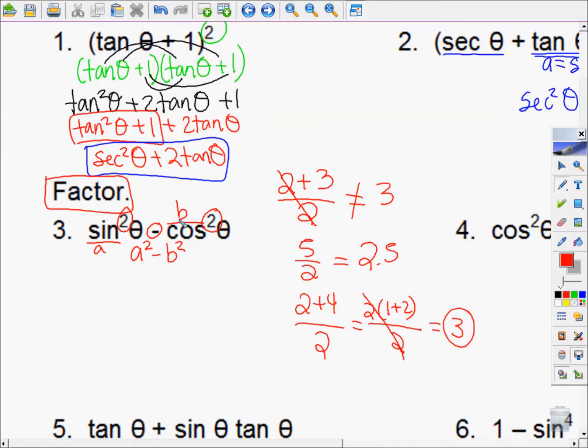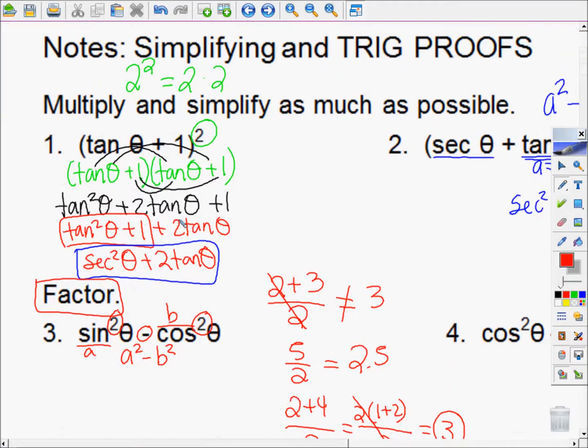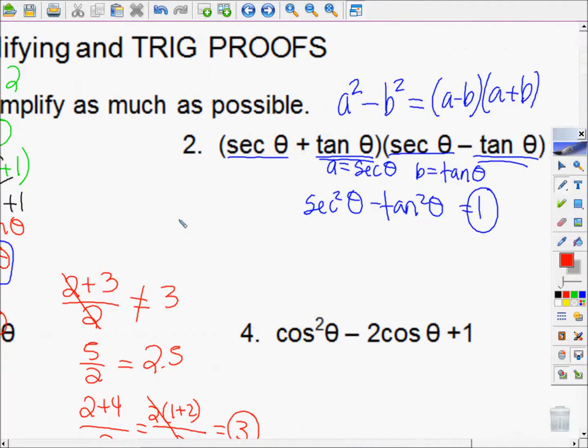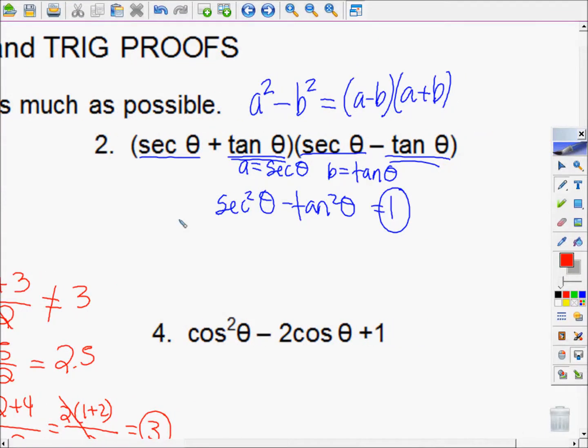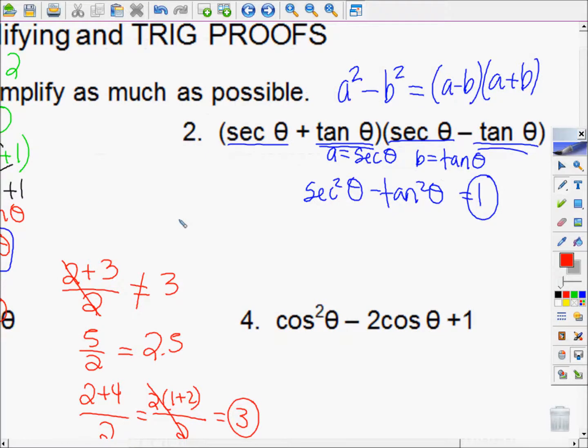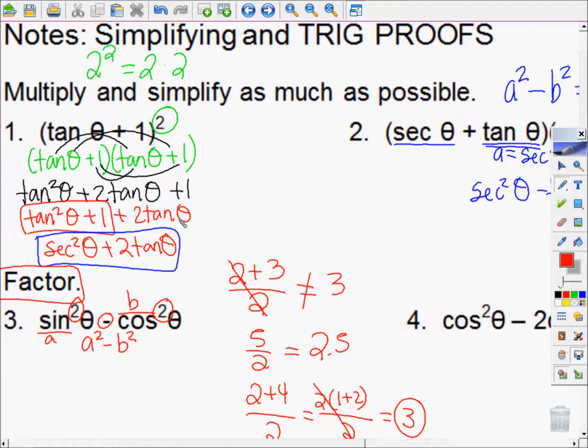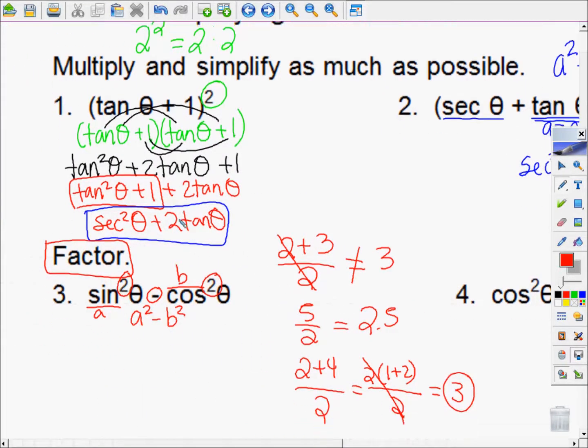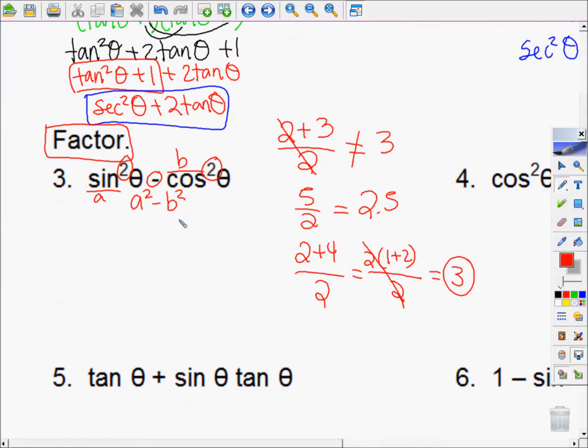Because I identify my a and my b, and it's in this form, all I have to do is plug them in. So I'm going to plug them in. And what am I going to get when I plug them in? Sine theta minus cosine theta. There you go. And then what else? Yeah, negative, positive. There you go.